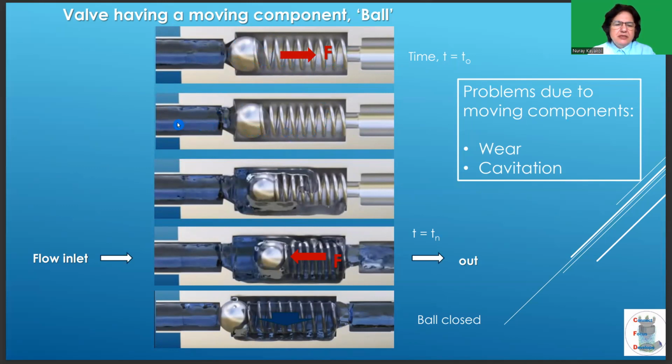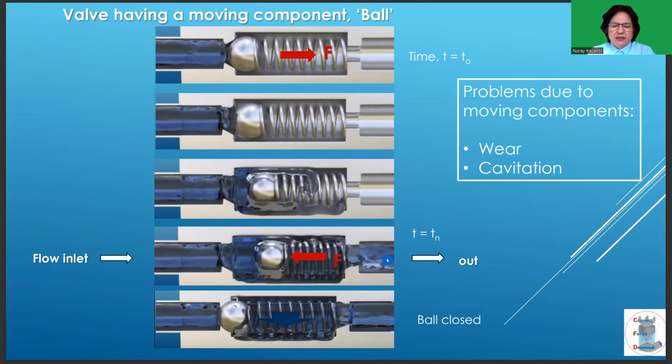Later on, you will see the dark blue liquid will try to move from the flow passages between this conical shape and the ball. You see flow is coming around the ball and then moves towards the right. At time equal to Tn, you see the liquid will move fully from left to right. You see the liquid flowing on the right-hand side.